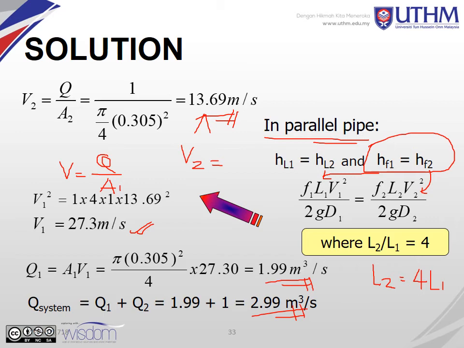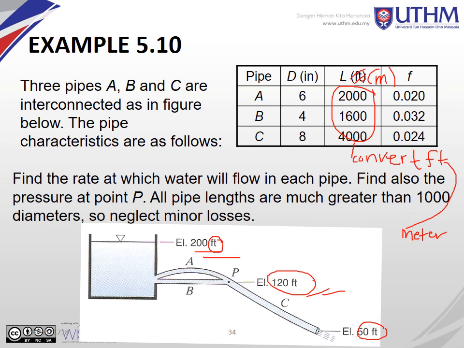Okay, so we just do the example. This is example 5.10, but this is in feet. The length is in feet. You try to solve this example, but you change the length here, just change it to meter.